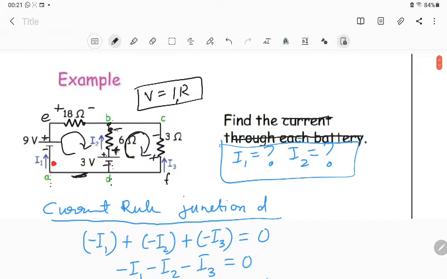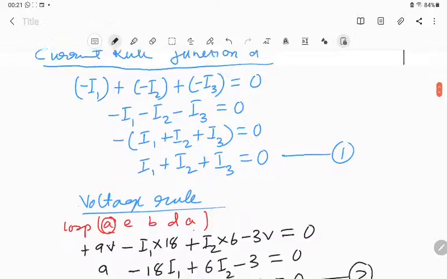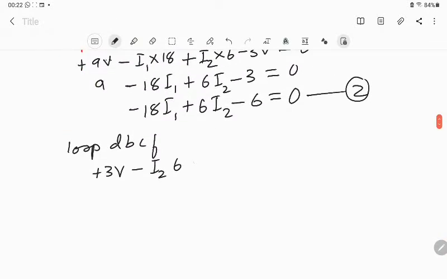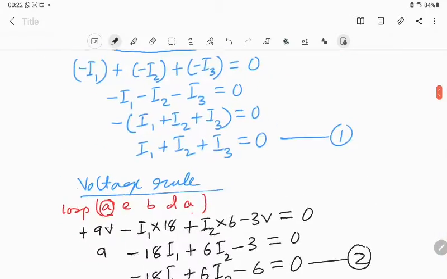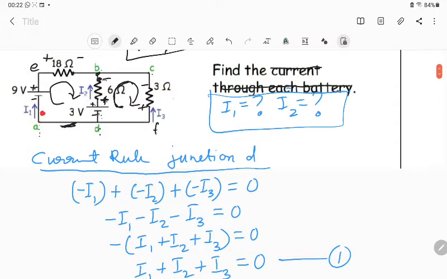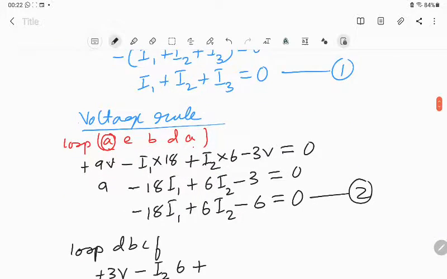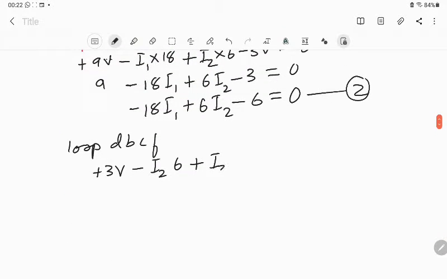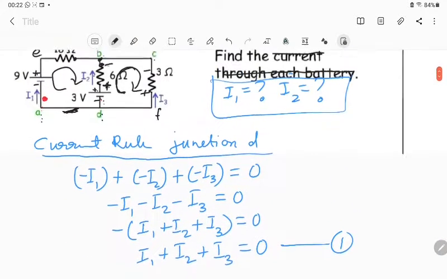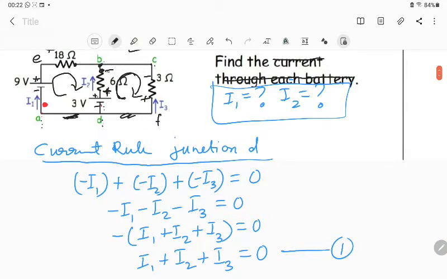Now I reach B, then go to C and from C to F, minus to plus, so plus. Always take the ending sign. Here the current flowing is I3, so I3 into 3, and this will be equal to 0, because there is nothing else.